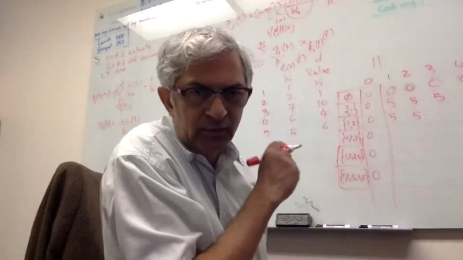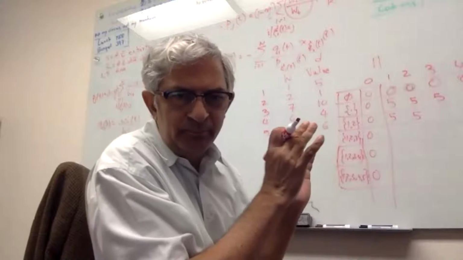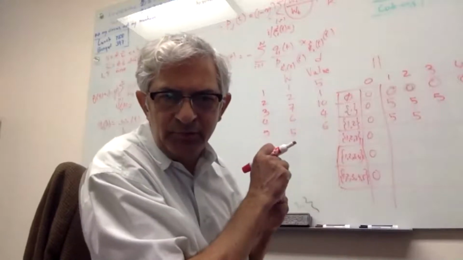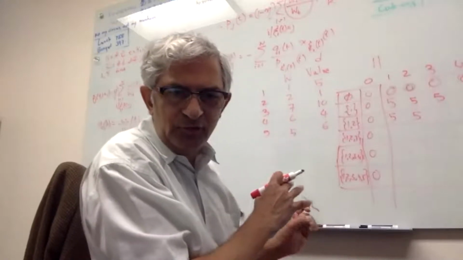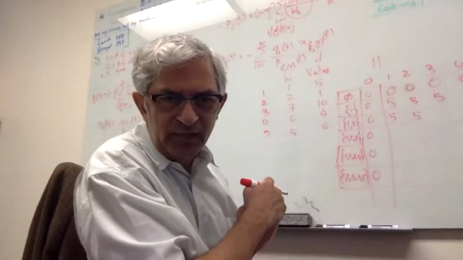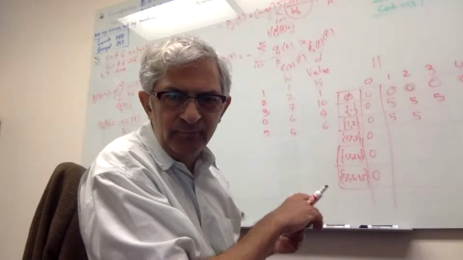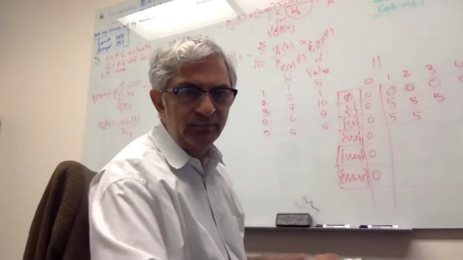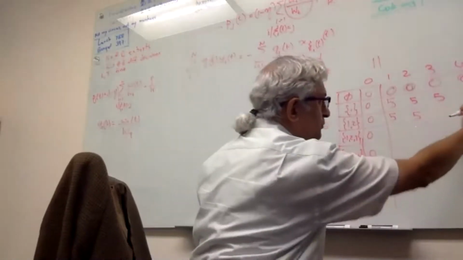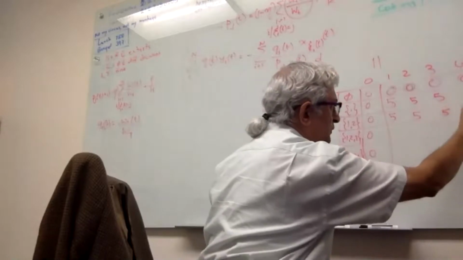Is that clear? So I can fill it up, but I don't have to take item number 2. In fact, I'm going to choose not to, because my goal is to maximize the value. Fine? Thank you, Lazaro. So now you'll see that the rest of this row is also going to be 5.